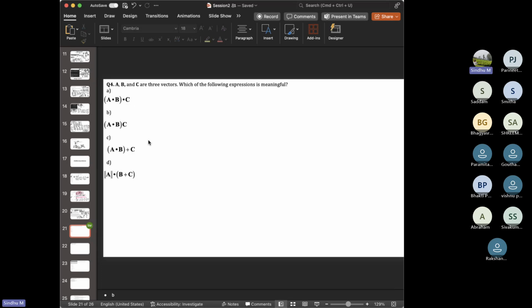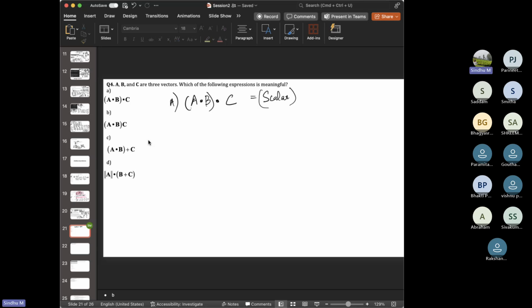Option A is the dot product of A and B, and the whole thing dot product with C. When we do a dot product of two vectors, we get a scalar. And then dot product with C, but C is a vector.